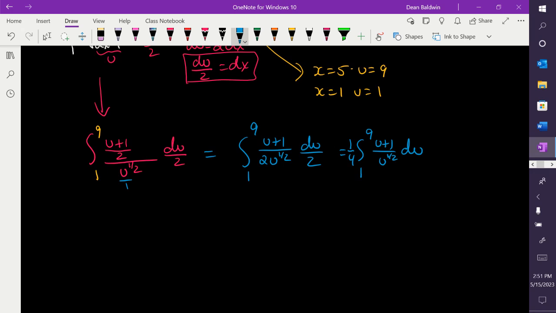What do we do now? Can't do the antiderivative, sorry? Split them up. If you have a single denominator, split it to both.